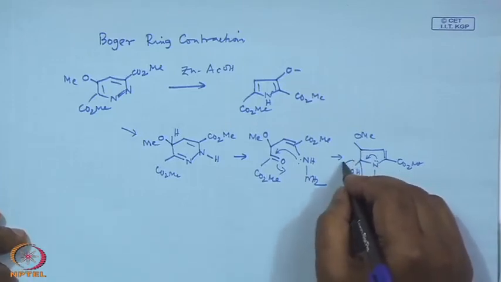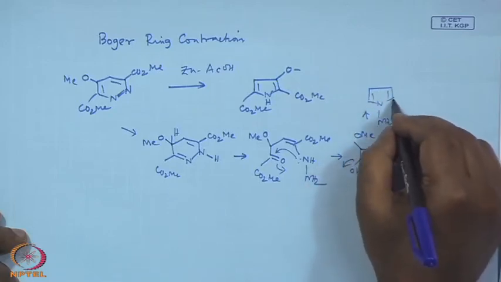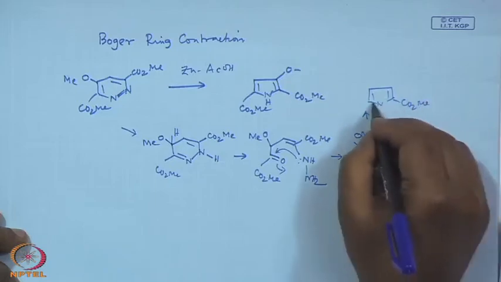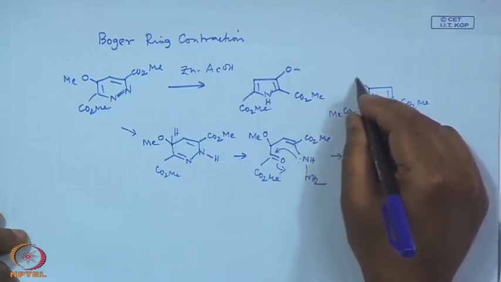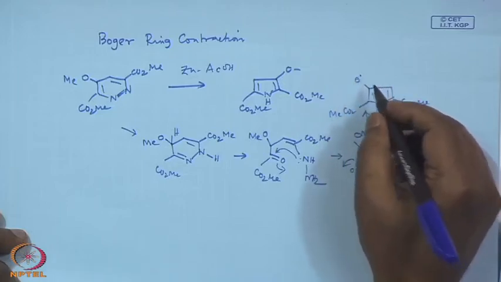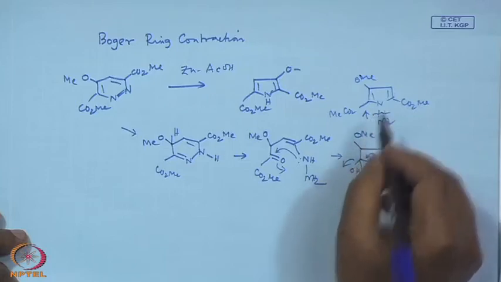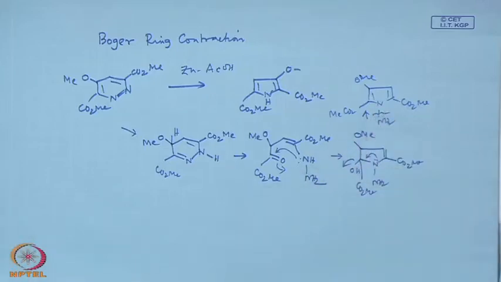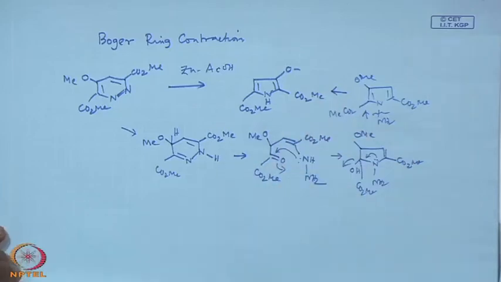I think eventually it has to reduce this. I think they suggested that it has to be methoxy here, then ester, methyl ester, and this methoxy, and then obviously it has to undergo one more nitrogen cleavage to the corresponding pyrrole ring systems.